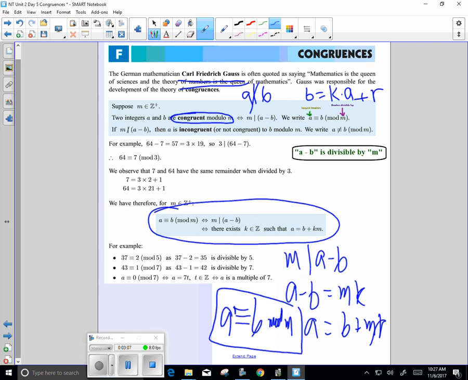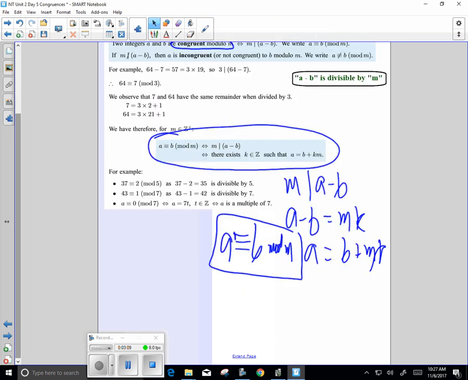Let's take a couple. Let's do an even easier one. Let's do mod 2. So what's 5 divided by 2? 5 halves, or 2 and a half.